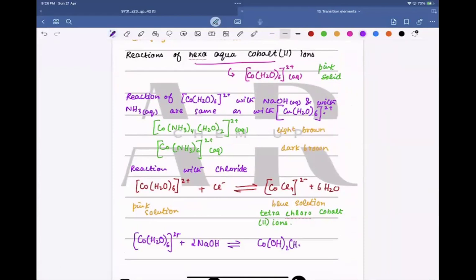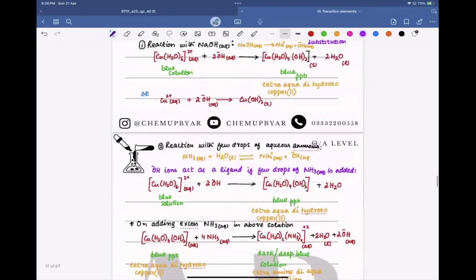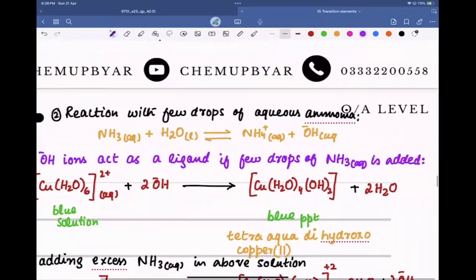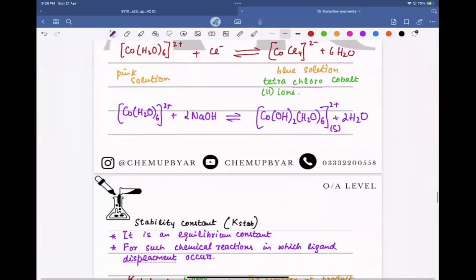And yeah, it's a blue precipitate, it's not pink. 2 of the water molecules are released, and it's a solid. It's water insoluble. With the copper, we get a blue precipitate. Here also we get a blue precipitate.